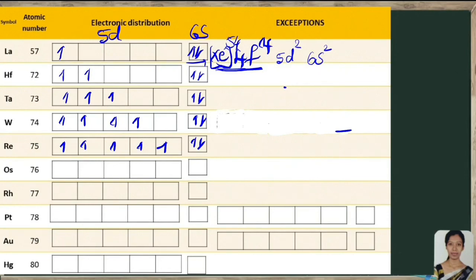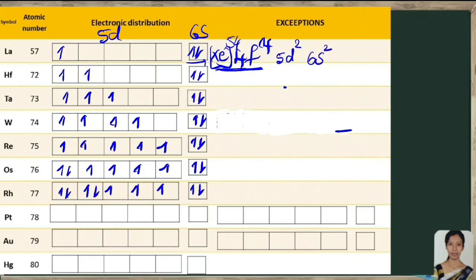Osmium, 6s2, and the remaining 6 electrons have to be placed in the 5d orbital. For iridium, 6s2, up to here you will get 70 electrons. Another 7 electrons will be placed in this 5d orbital.